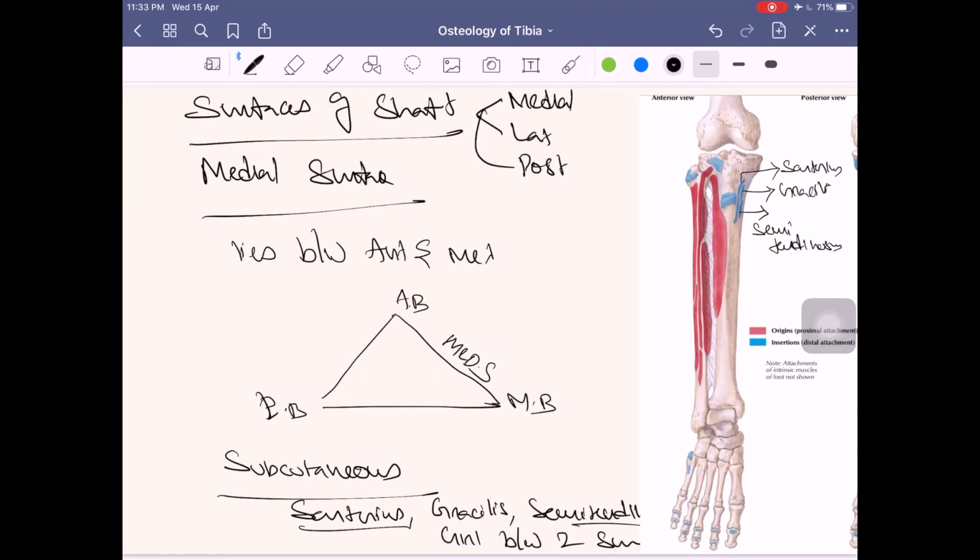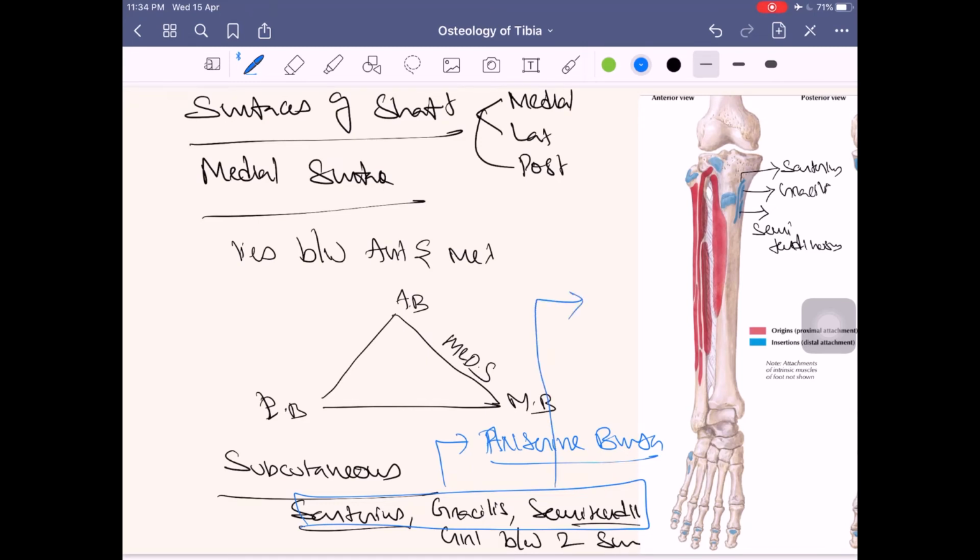All the three tendons are separated from each other by a bursa. There is a bursa which separates all these three muscles from each other. That bursa is called the Anserine bursa. And when that bursa gets inflamed, we call that Anserine bursitis.